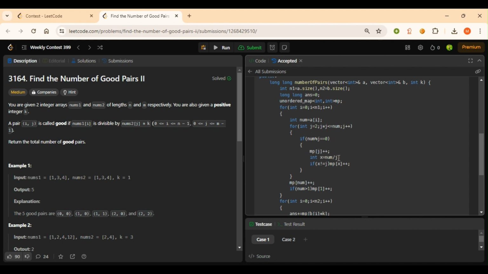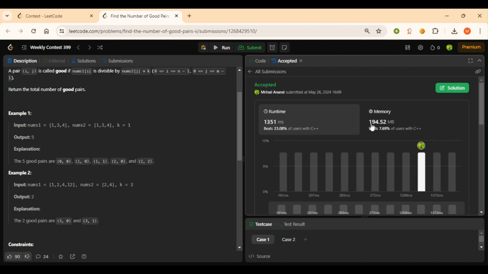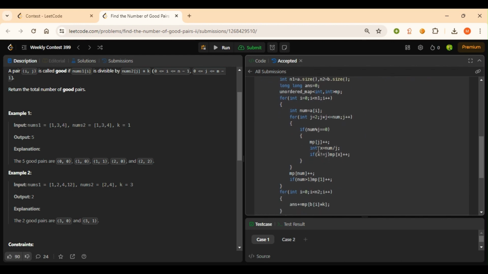And one more thing, if you see this example, in 12, when it is divided by 2, why this step is being called is because, okay, I can't relate it. I will tell you later on. For now let me explain this code. Let's say you are considering 12 and j equals 2, then x will be 6.